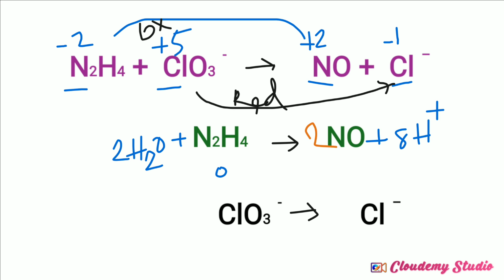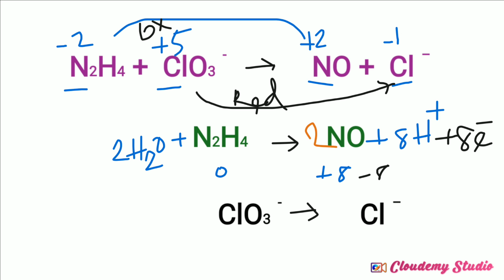But the right hand side has +8 because of 8 hydrogen ions. So to make the charges on both sides equal, that is 0, we need to add -8 to this +8. Then the charges will cancel. Therefore, we need to add 8 electrons on the right hand side.